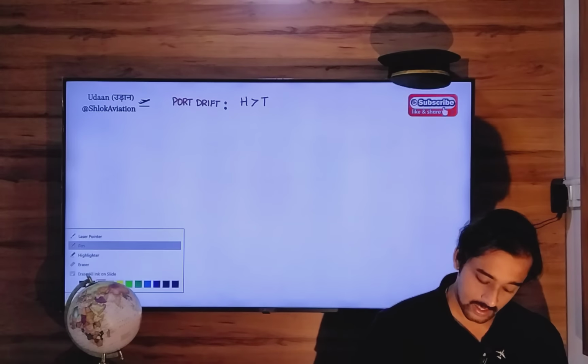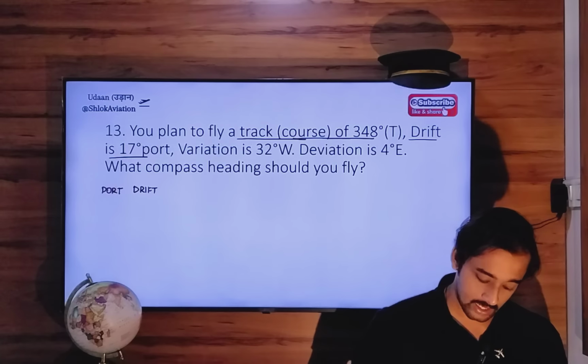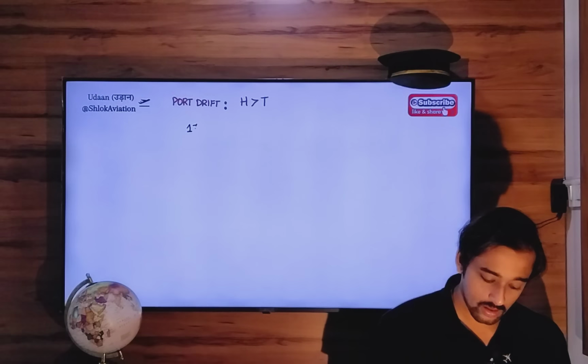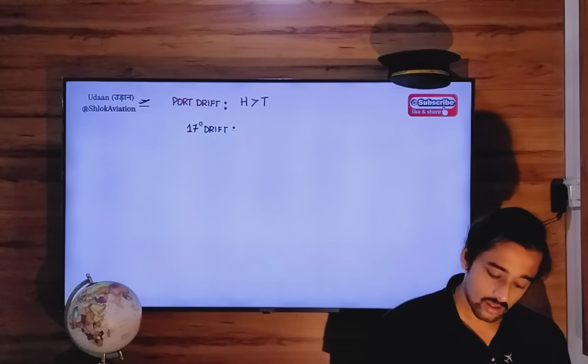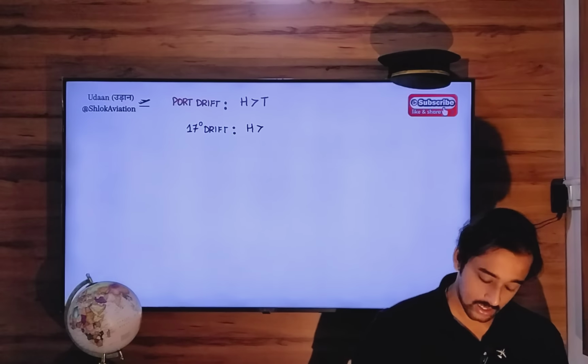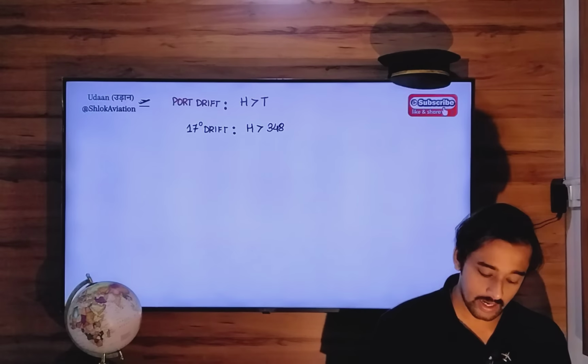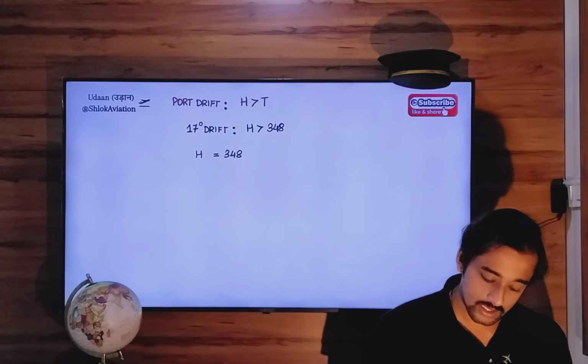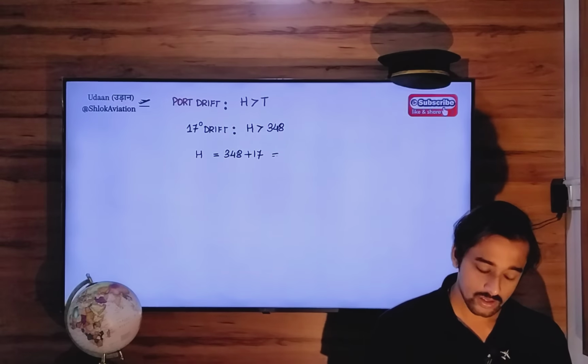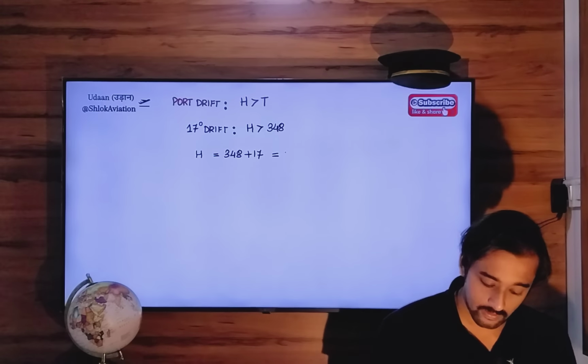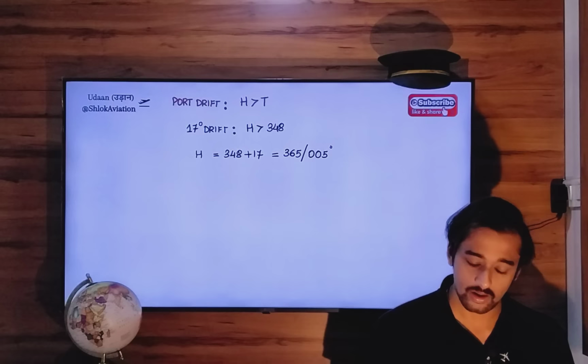In this question, drift is 17°, track is 348 degrees. So heading will be more than 348 degrees by 17. So 348 plus 17 is 365, nothing but 005 degrees.